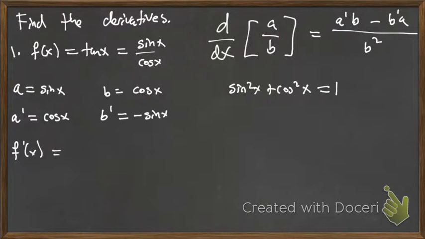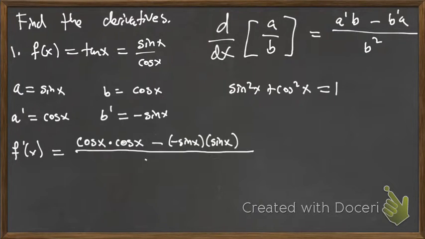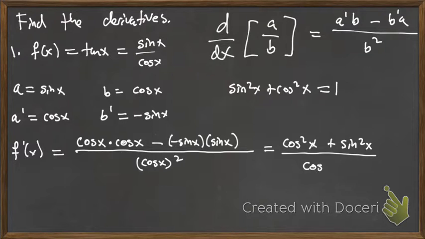So f prime is going to be a prime b minus b prime a, all over b squared, and so we're going to get cosine squared plus sine squared x over cosine squared, and cosine squared plus sine squared is 1, so we have 1 over cosine squared, which is equal to the secant squared.